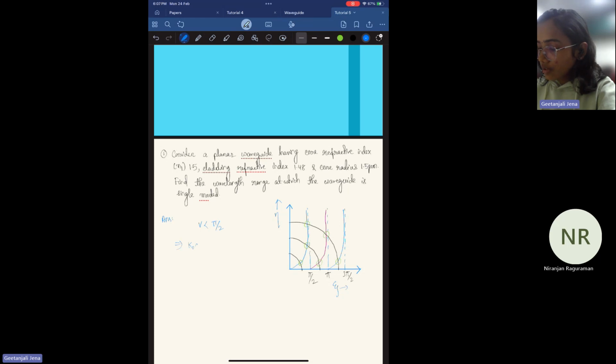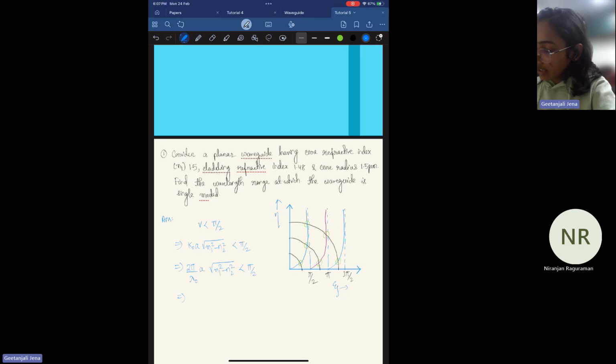So it is k0 a root over n1 square minus n2 square, which should be less than pi by 2. And k0 we know is nothing but 2 pi over lambda 0.